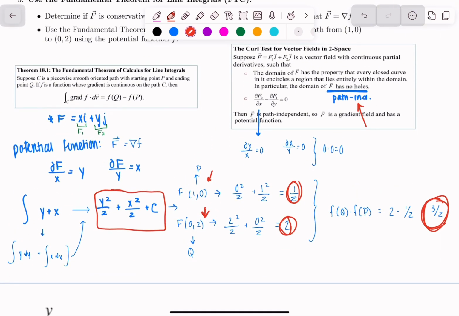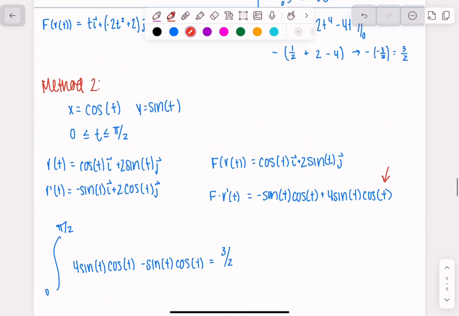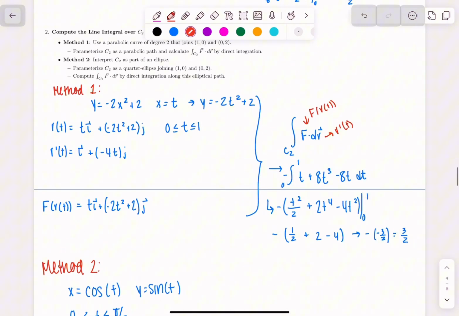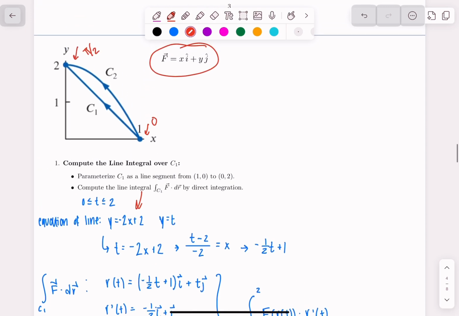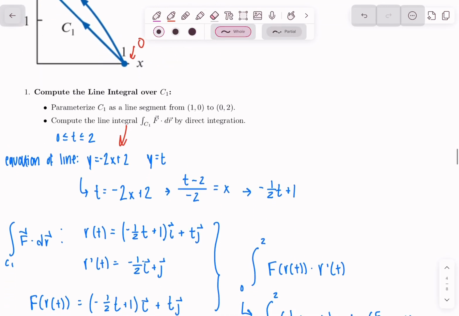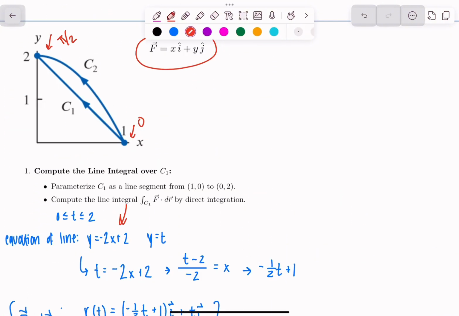Okay, and we also know that it is conservative because the line integrals that we did for C1 and both methods of C2 are all equal. They're all 3 over 2. So they're equal. It means that whatever path we take from point 1 to point 2 doesn't matter. We're always going to get the same answer with this line integral.